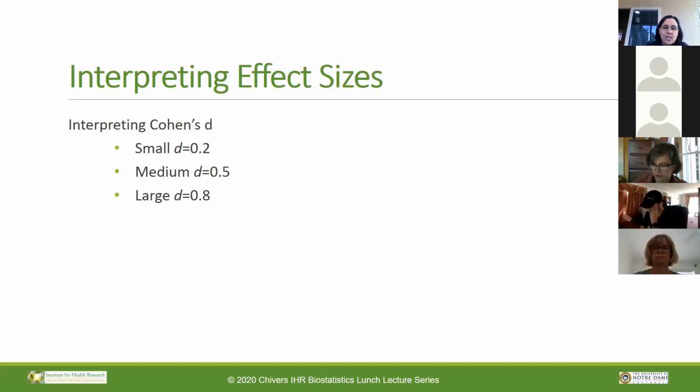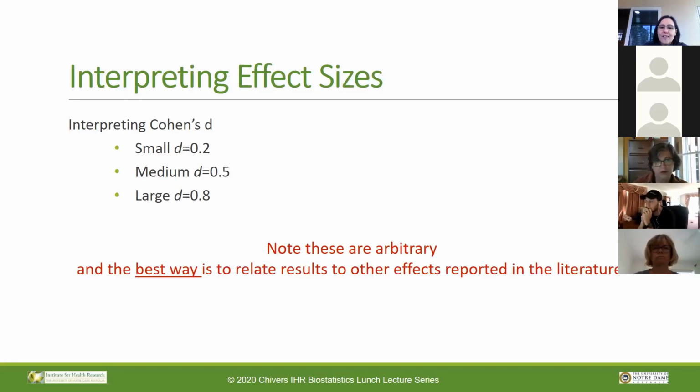Some authors have further described what they mean, and I've got some examples of that at the end of the lecture today. But the most important thing to note is that these cutoffs, and Cohen himself states it very explicitly, are arbitrary. The best way is to relate the results to other effects reported in the literature, and also to consider them together with the clinical importance.